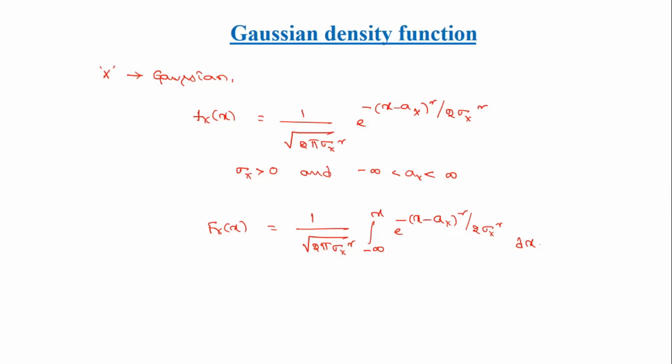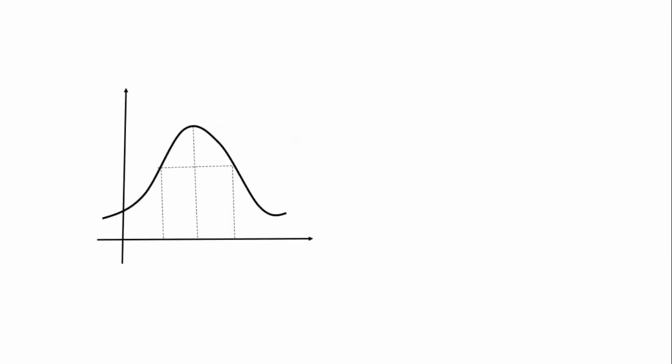Okay, so if we take the graphical representation of the Gaussian density function and the Gaussian distribution function, I'm taking the first one as the Gaussian density function. I take x values on the x-axis and the density function f_X(x) on the y-axis, and this Gaussian density function will have its maximum value at a_x, the mean value, and the maximum value is 1 divided by root of 2 pi sigma_x square.